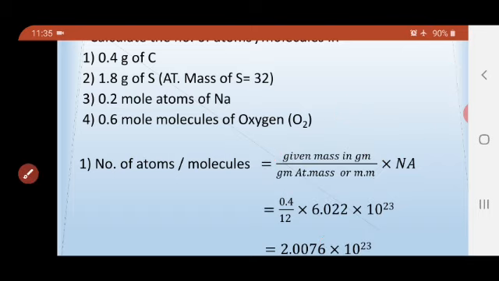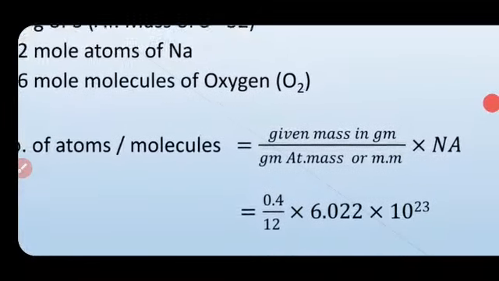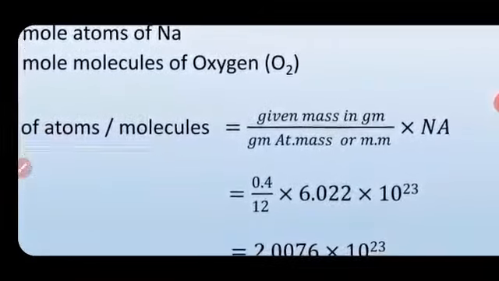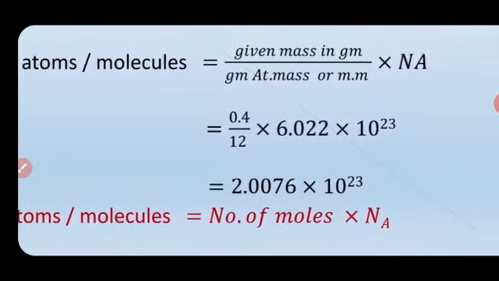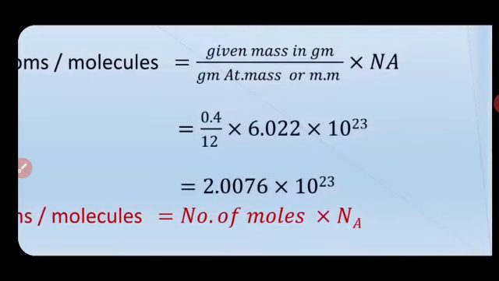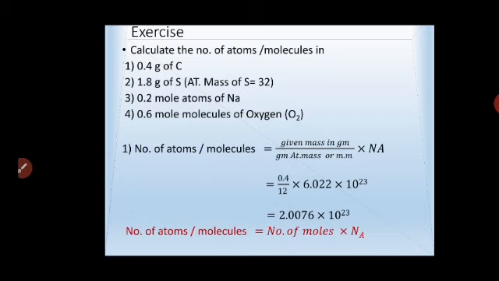So now the mass is given as 0.4, atomic mass of carbon is 12, into 6.022 into 10 to the power 23. The answer is 2.0076 into 10 to the power 22. This is how you can solve the remaining ones. Atomic masses of respective elements are given.